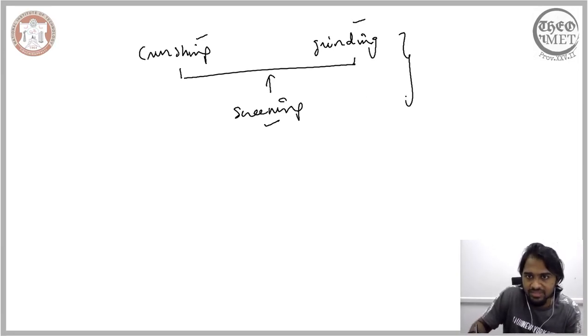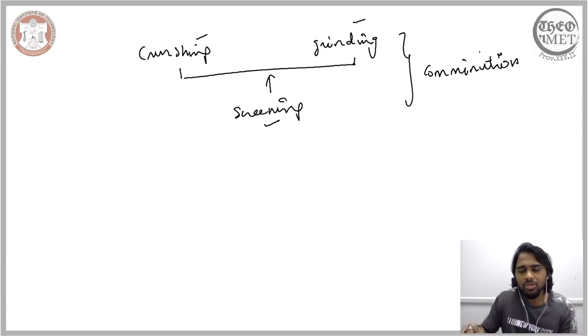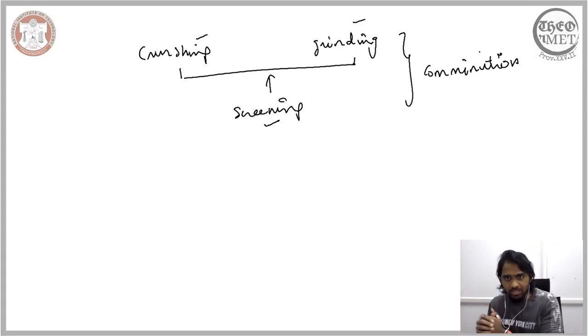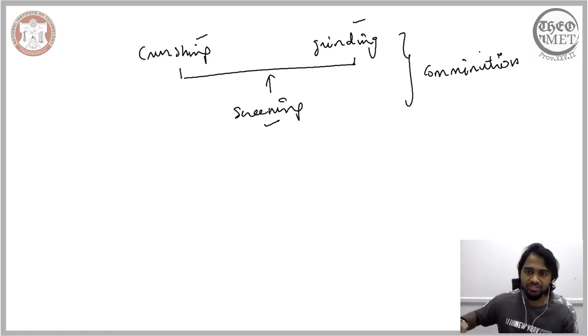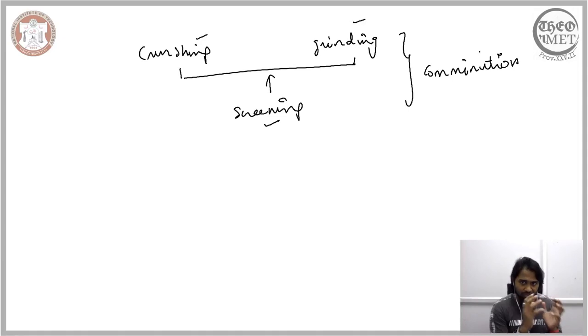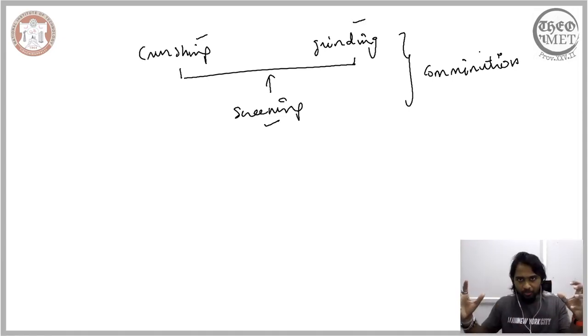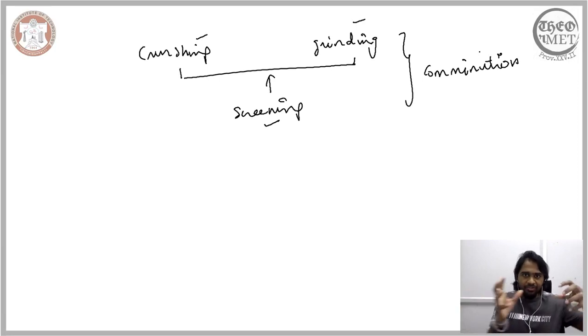Having seen these events that constitute the comminution process, now we need to move on to the other technique that is usually involved in the overall mineral processing, that is concentration. During the general introduction of mineral processing, we saw that the overall events involved can be categorized into comminution and concentration.